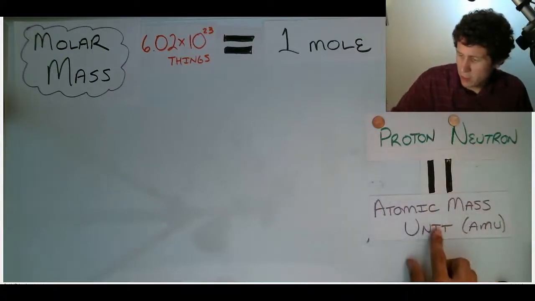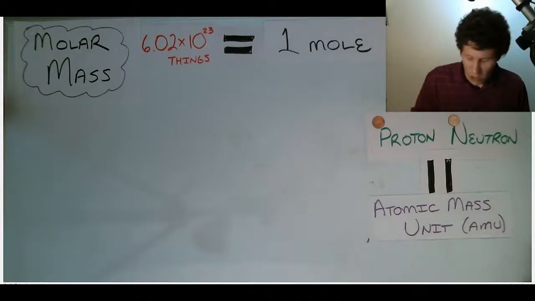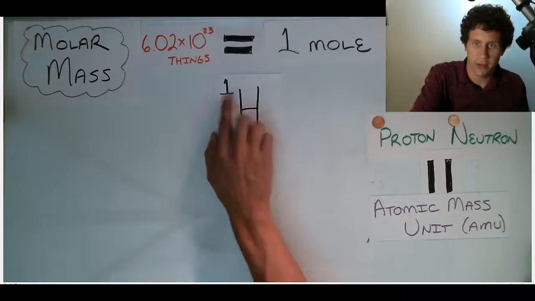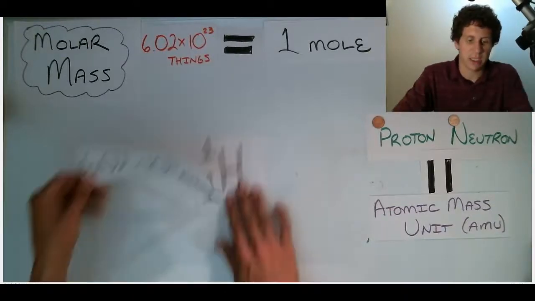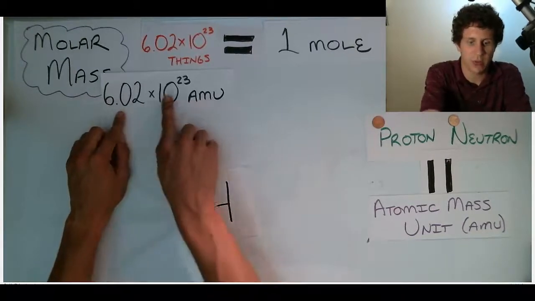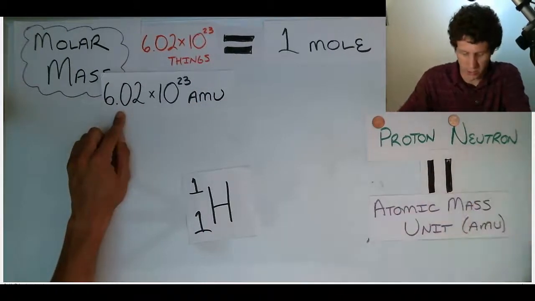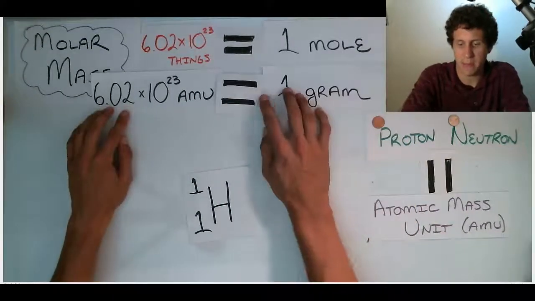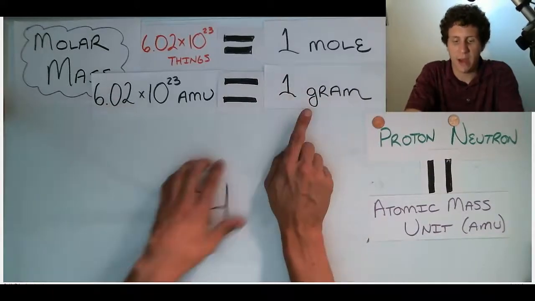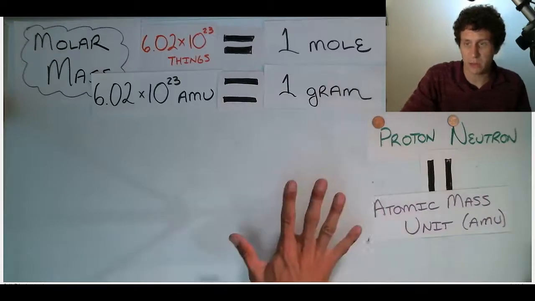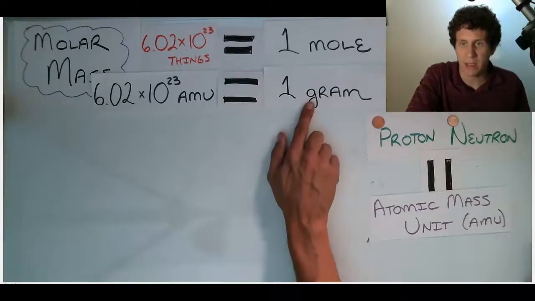And from what Avogadro hypothesized using hydrogen 1, the isotope, we know that if we have 6.02 times 10 to the 23rd AMUs, or 6.02 times 10 to the 23rd protons or neutrons, we have 1 gram of stuff, whatever that might be. So we can now relate the number of protons and neutrons we have, or the number of atoms, to the mass of the substance that we're measuring.